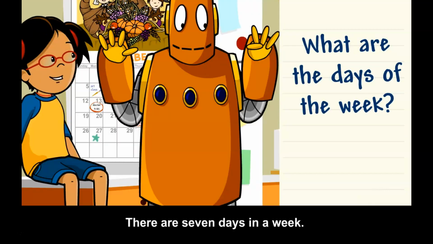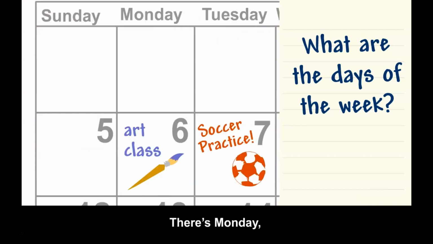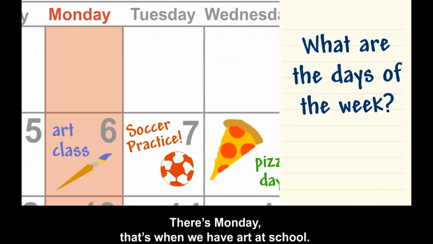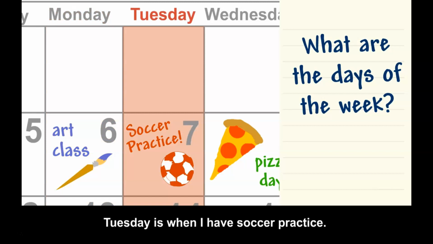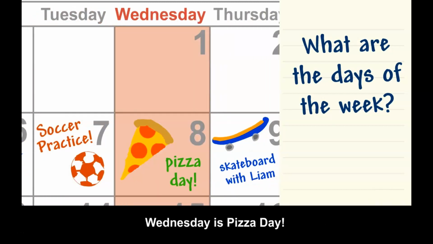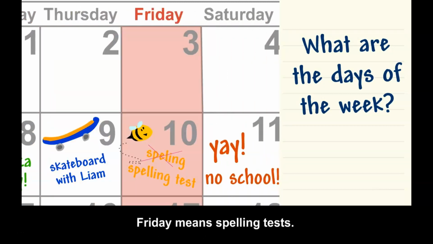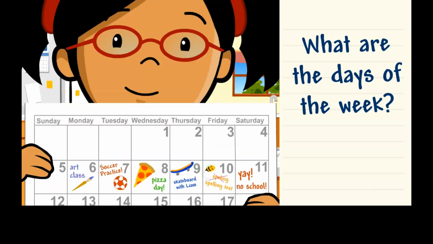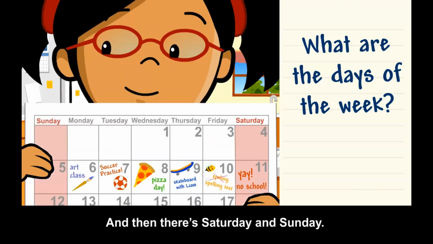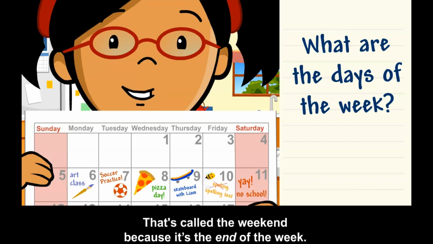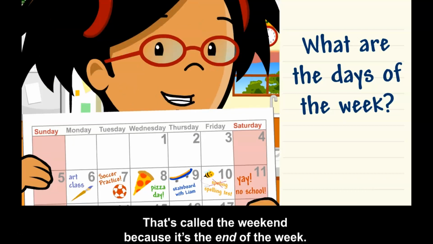There are 7 days in a week. There's Monday, that's when we have art at school. Tuesday's when I have soccer practice. Wednesday's pizza day. Thursday is when I skateboard with my friend Liam. Friday means spelling tests. And then there's Saturday and Sunday. That's called the weekend because it's the end of the week. Get it?